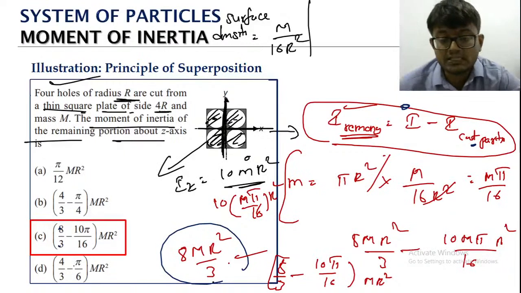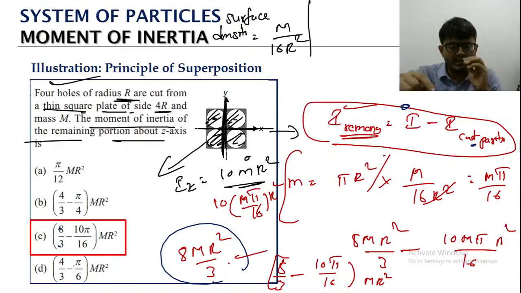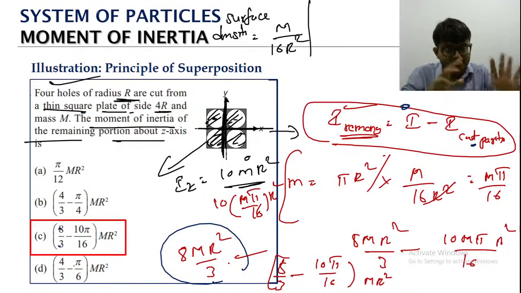So understand the concept here. We have the full plate, and its moment of inertia with respect to the axis passing through the center of the plate and perpendicular to the plane we already have from the rectangular laminar results. Here we have created 4 circular holes, and we calculated their moment of inertia with respect to the z-axis in 2-3 steps.